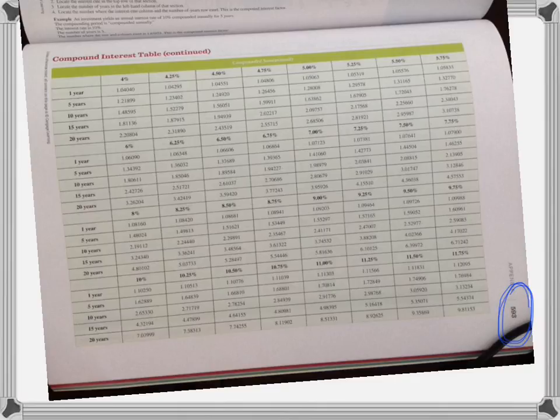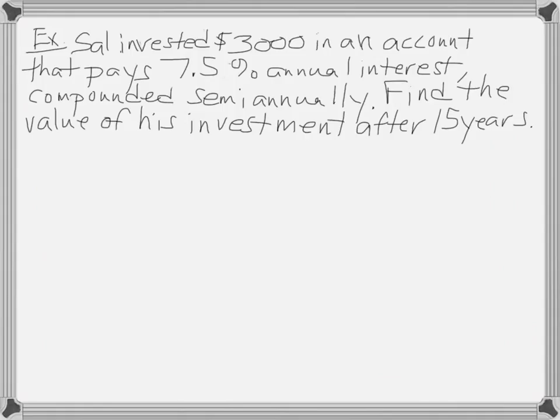And it says compounded semi-annually, which is what it said in the original problem. So on the top of each chart in the back of your book, it will give you when the interest is compounded. So this one said semi-annually, so that's why I chose that particular chart.